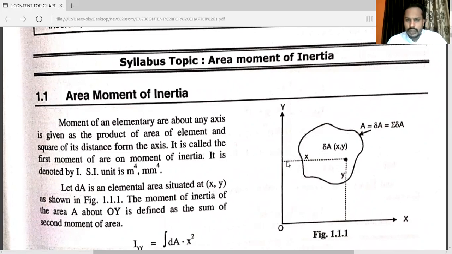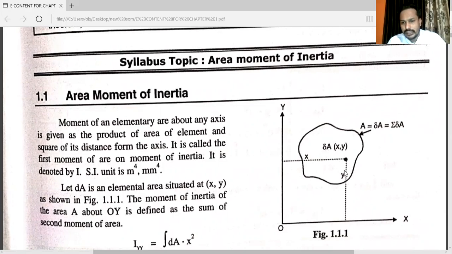See, this is the horizontal distance from the vertical axis, that is OY. The distance is X. This dark spot indicates the elemental area, that is dA, and the vertical distance means distance from the OX axis.